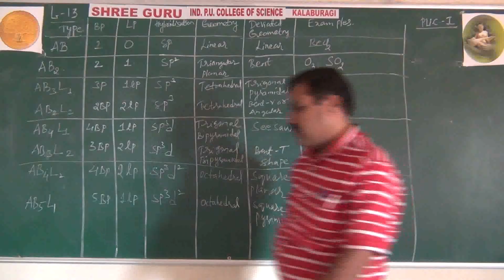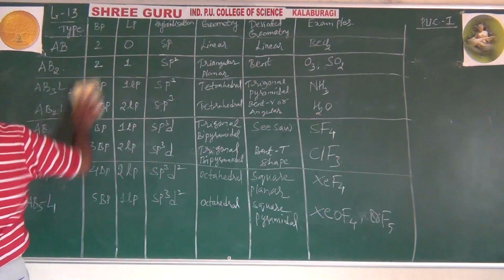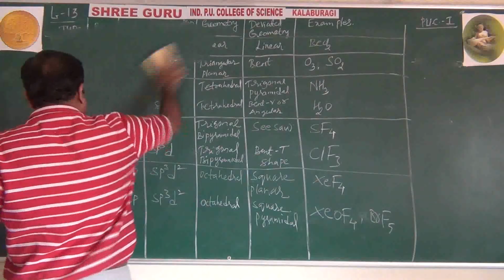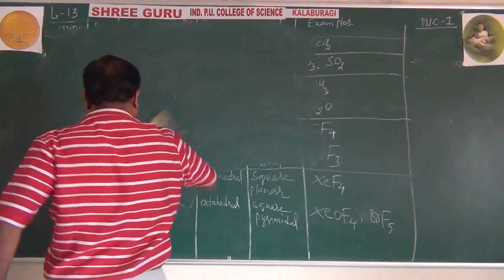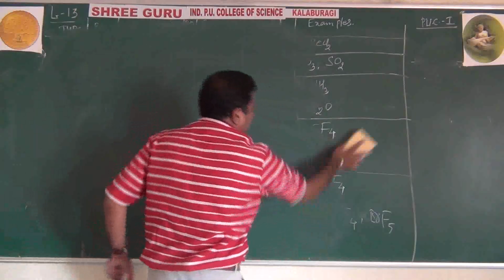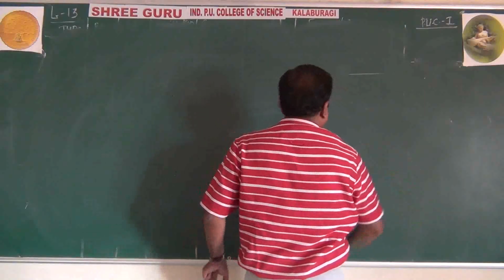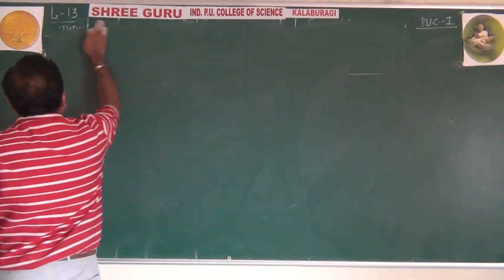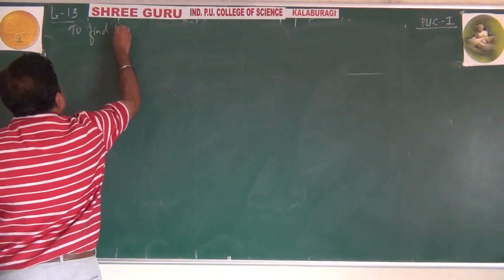Right? Okay. So lastly, students, I want to give you one more short trick to find the hybridization of the central atom. To find the hybridization of the central atom for NEET purpose, there is a shortcut formula.